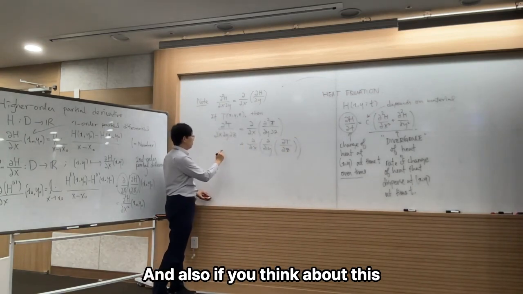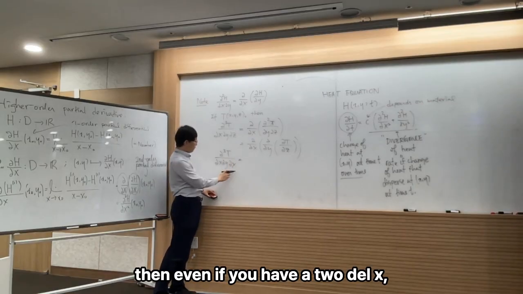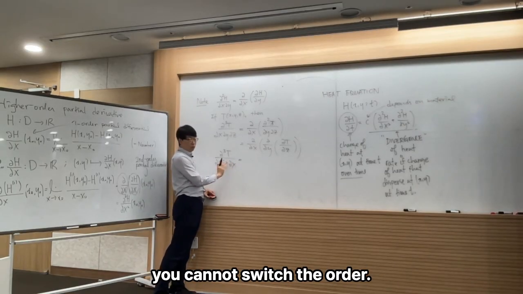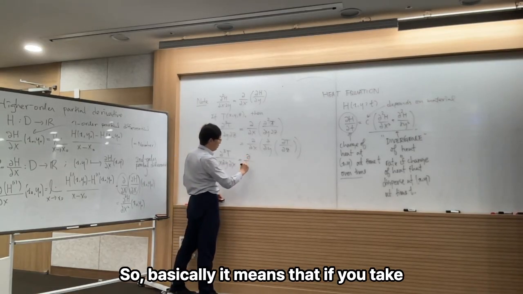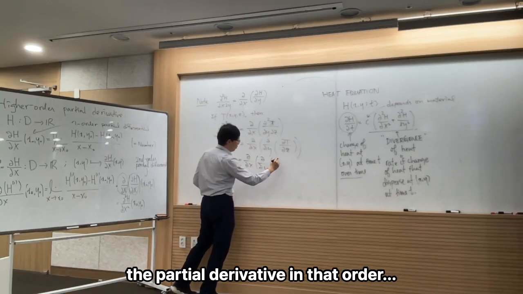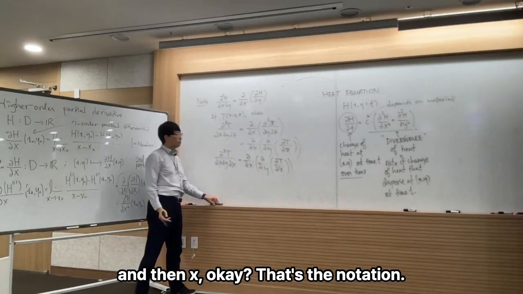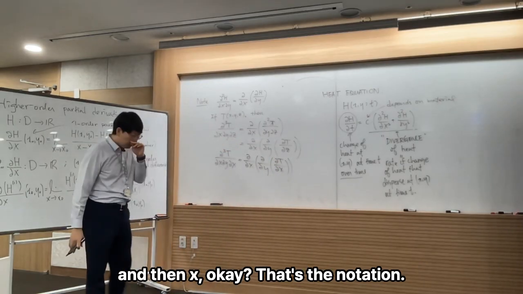And also, if you think about this as del x, del y, del x, then even if you have 2 del x, you cannot switch the order. So basically it means that you take the partial derivative in that order: you first take the partial derivative of x and y and then x. Okay, that's the notation.